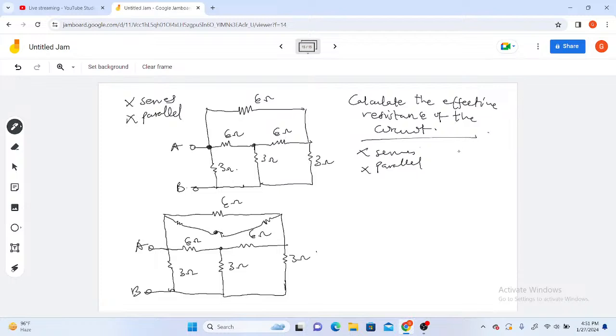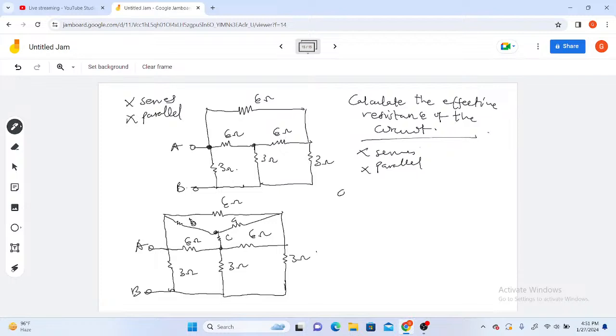So I have this. So A, B, then C, right? To convert the delta to star, the star transformation has resistors A, B, and C. So let's see.